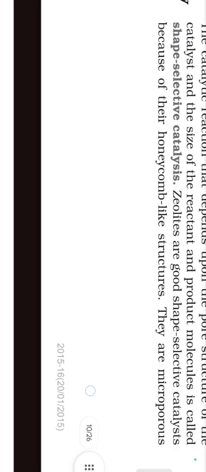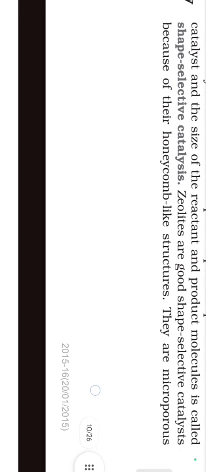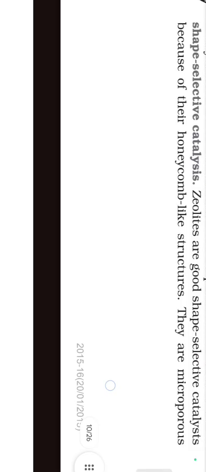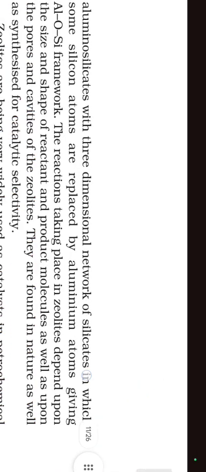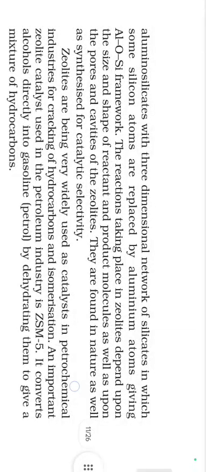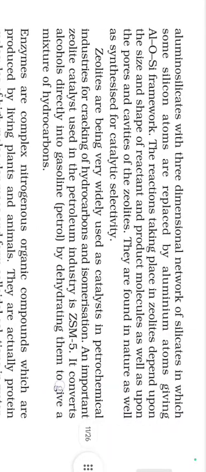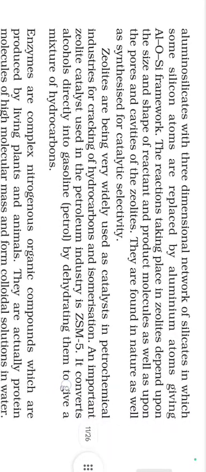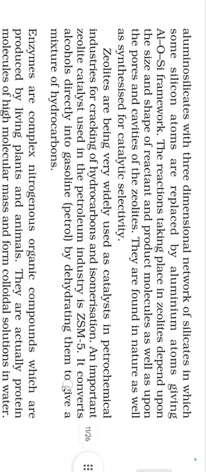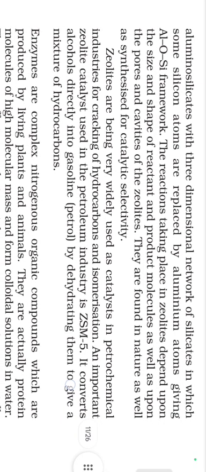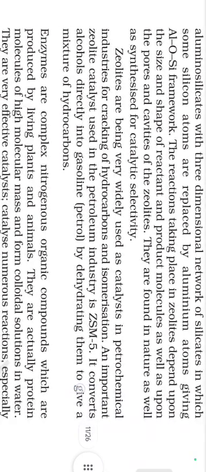Zeolites are good shape selective catalysts because of their honeycomb-like structures. They are microporous aluminosilicates with a three-dimensional network of silicates in which some silicon atoms are replaced by aluminium atoms, giving an Al-O-Si framework.